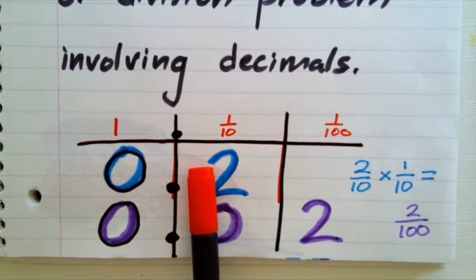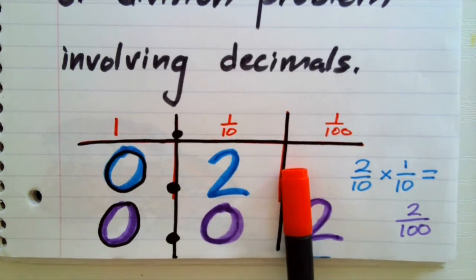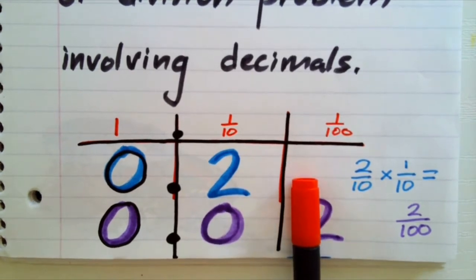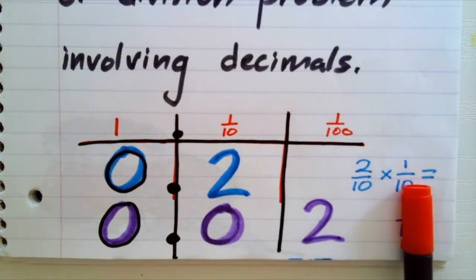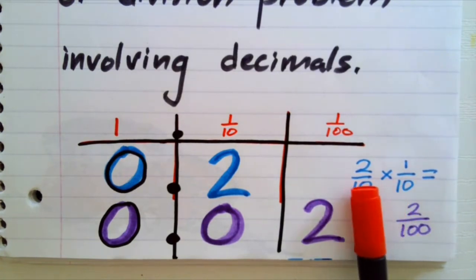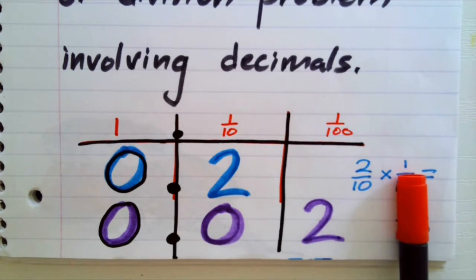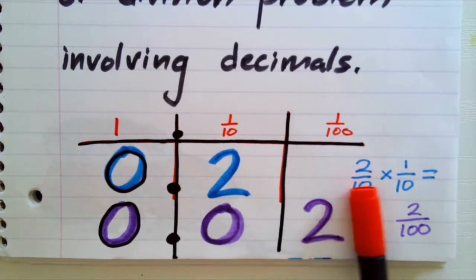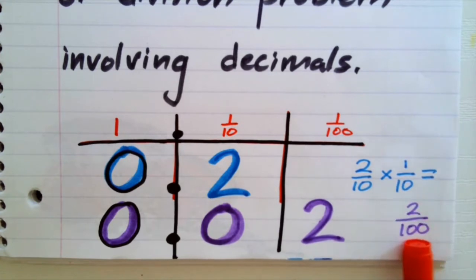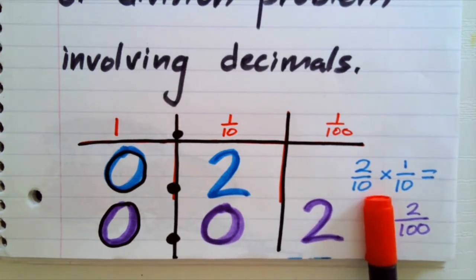But if you divide by 10, you go to the right and the number is in the smaller place value. Multiplying by 1/10 is the same thing as dividing by 10, because remember, 2 times 1 is 2, 10 times 10 is 100. 2/10 times 1/10 is 2/100.